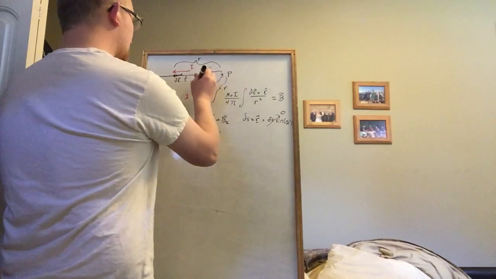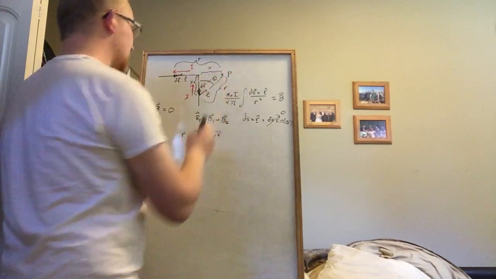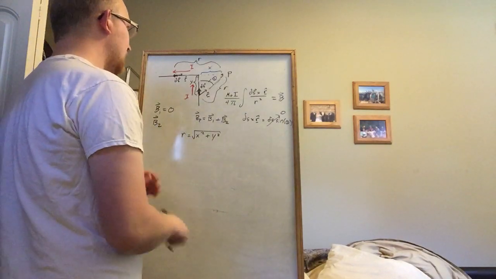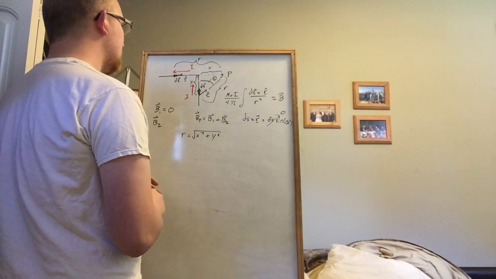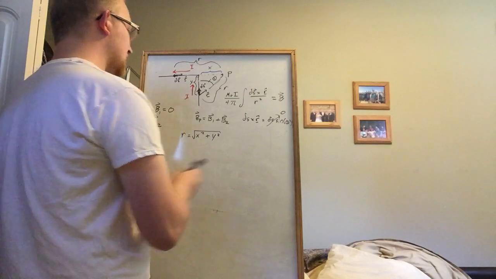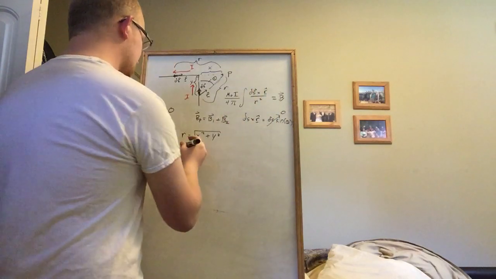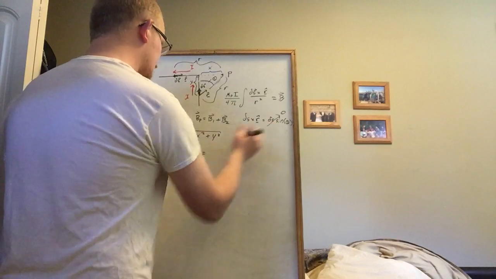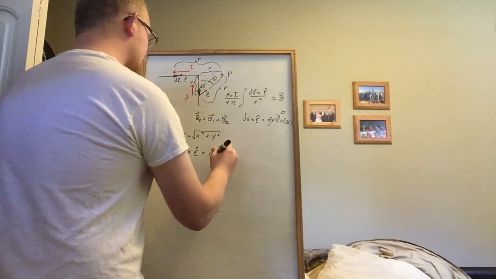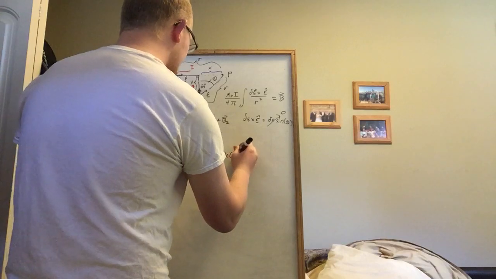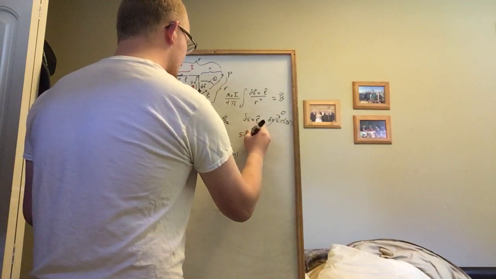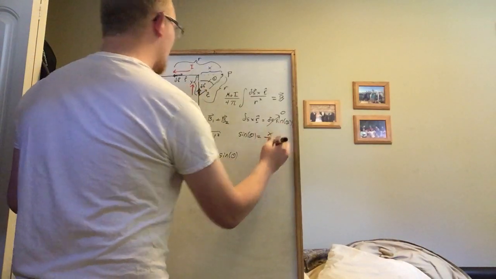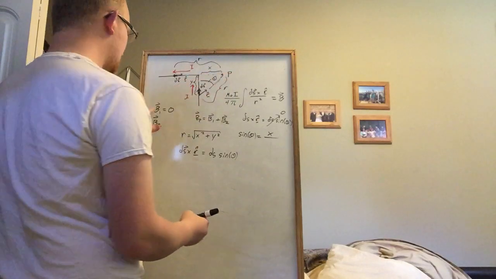Now we need to figure out the angle between ds and r hat. Ds cross r hat equals, once again, ds times sine theta. Sine theta for this triangle is going to equal opposite over hypotenuse, which is r, and we solved for that.